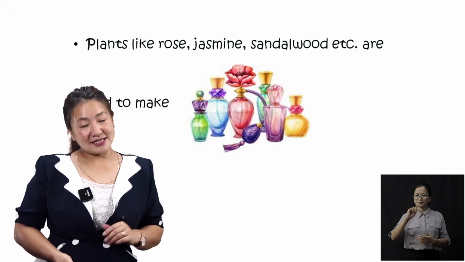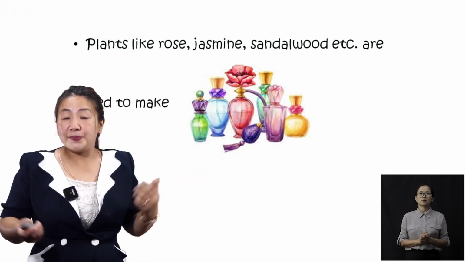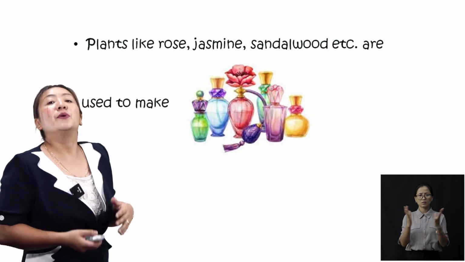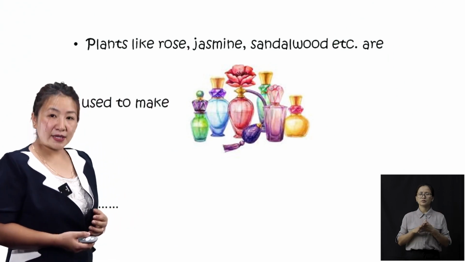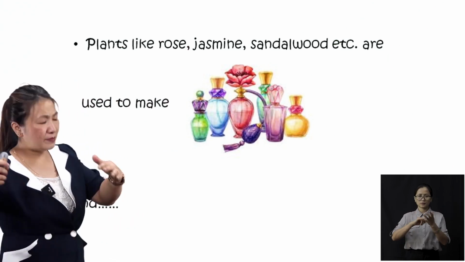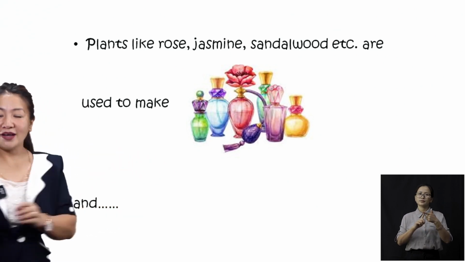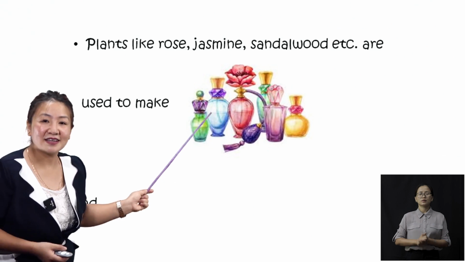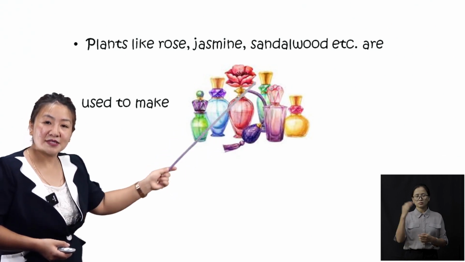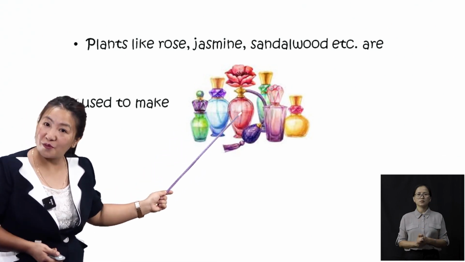Not only that, see, how much do the plants give us? Plants like rose, jasmine, sandalwood, and many others, etc. They are used to make what? What are these bottles? What are these bottles used for? They look like what?